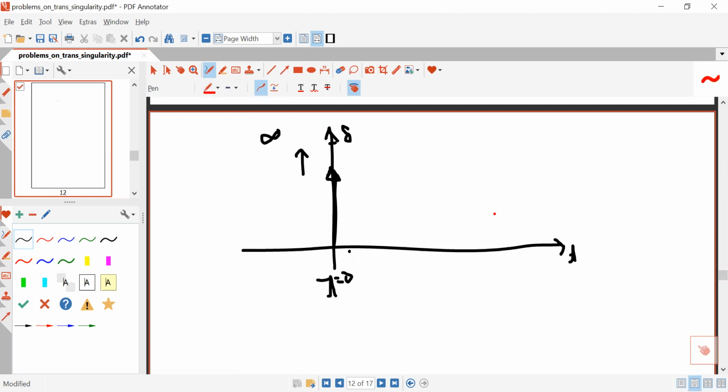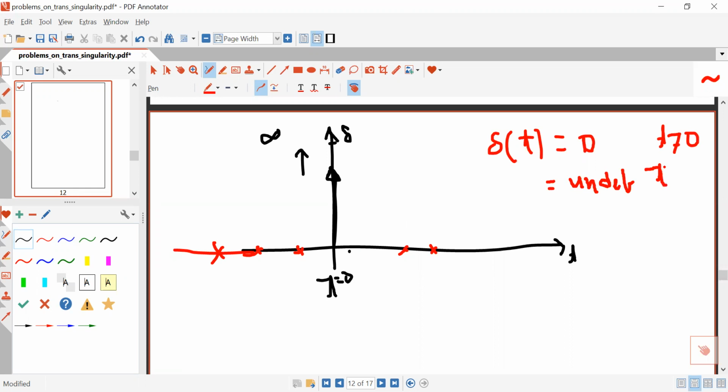In the previous lecture, I have already discussed its mathematical representation. So you must go through that video, in which I have discussed that a unit impulse signal has zero magnitude for any value of t, and it is undefined when t equal to 0.